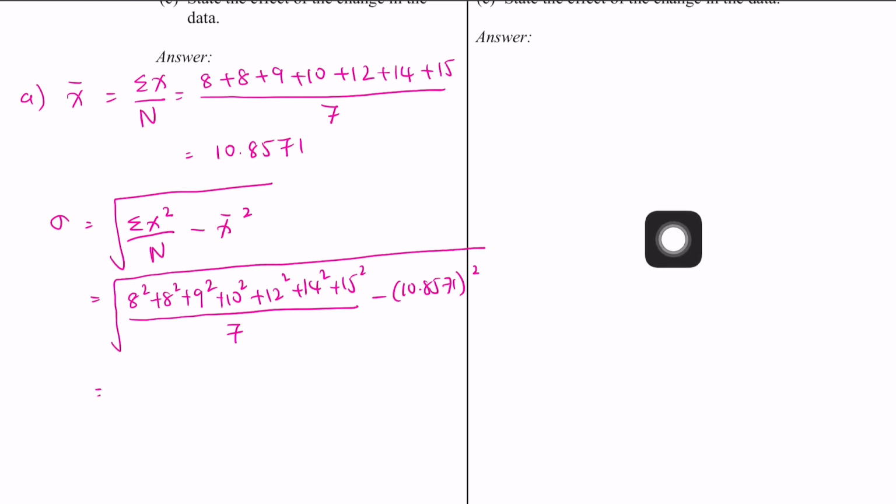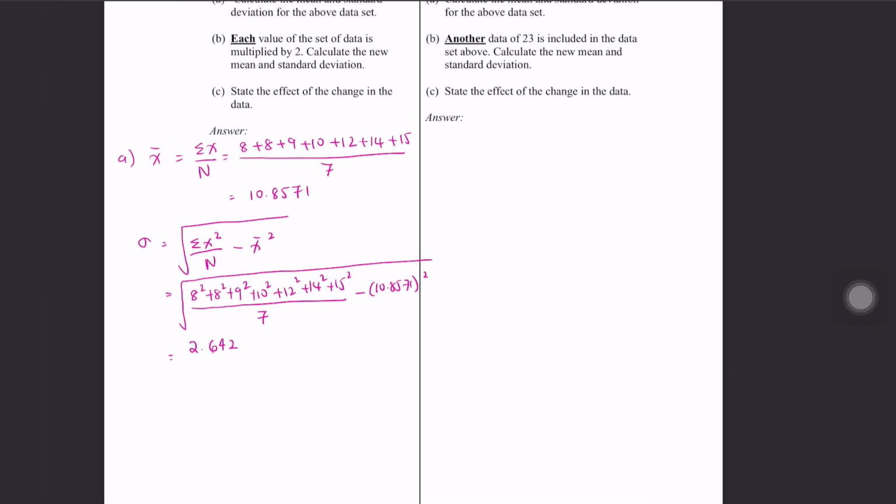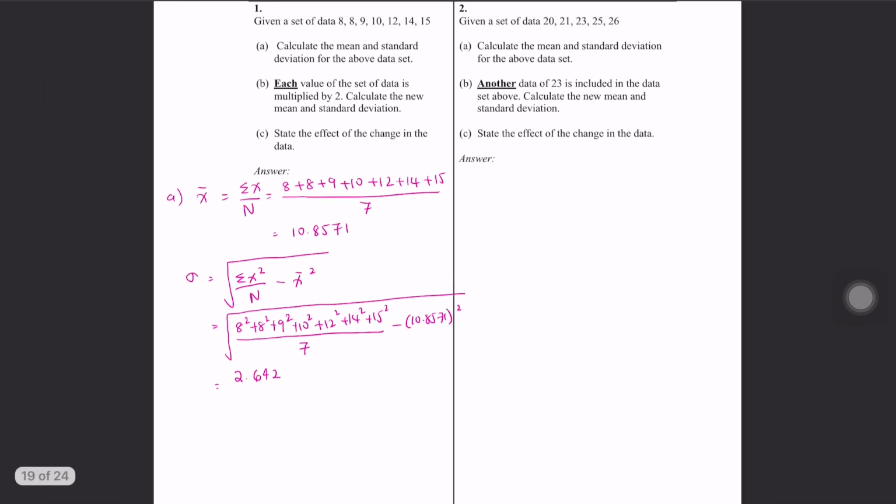Press your calculator carefully, don't type one by one. So your answer is 2.642. That is your answer for the first part, A.